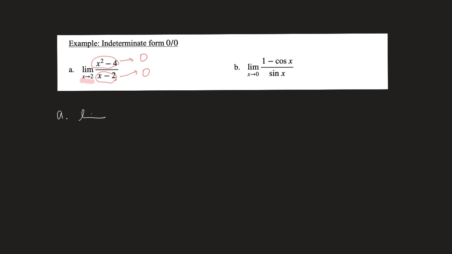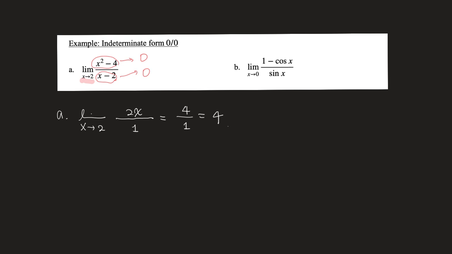So the limit as x approaches 2: the derivative of x squared minus 4 is 2x, and the derivative of x minus 2 is 1. Then you do direct substitution, x approaches 2, this is 4 over 1, that's going to be 4. So we can find this limit, 4, by using L'Hopital's rule.